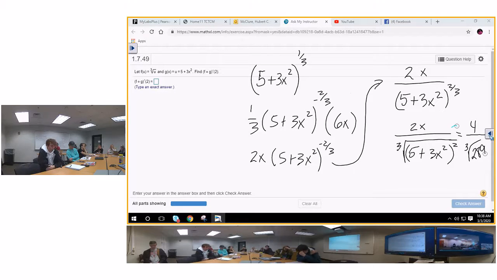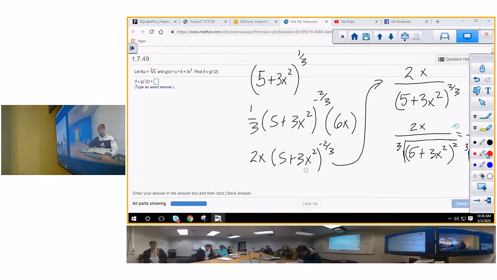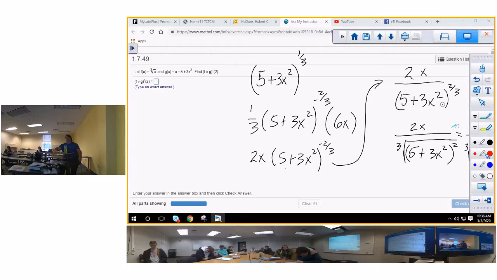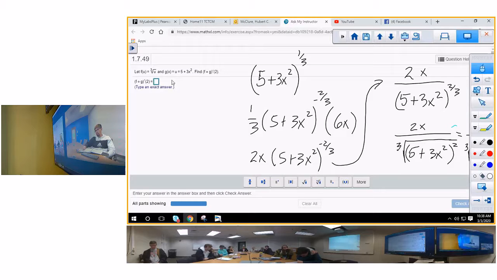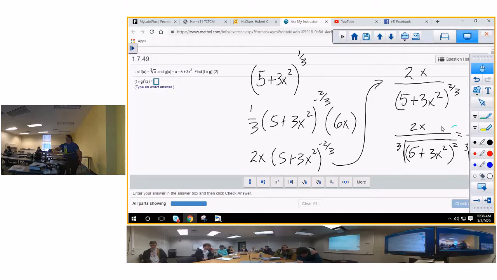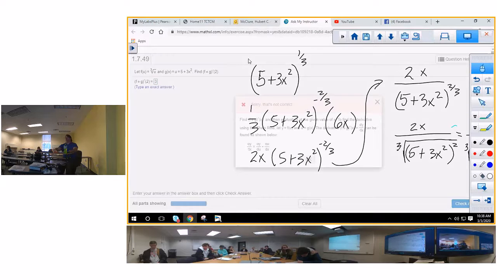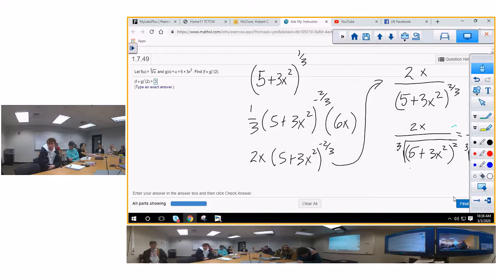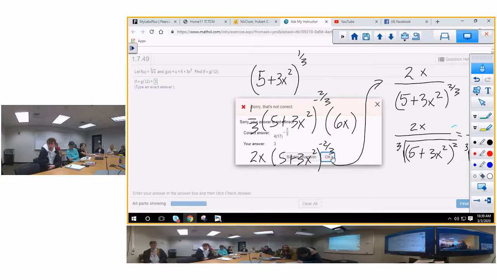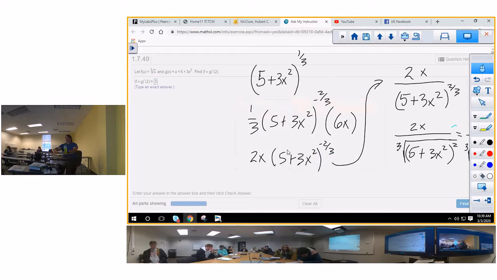So let's see what they did. They might have left it like this. If this was a 140 class, we would take it all the way down and then rationalize the denominator. But this isn't 140, so let's see what they did. Yep, they didn't take it all the way. They just plugged in the 17.